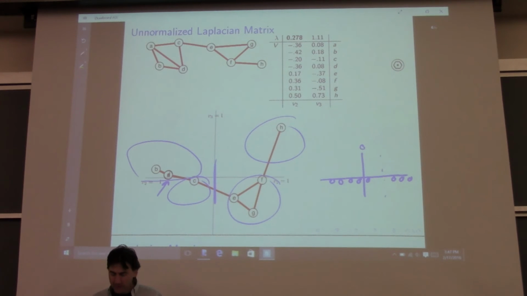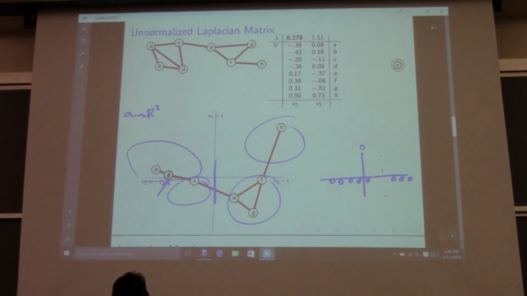So a better way of doing this might be to have the coordinate of A. I want to do an embedding of A into R2. A better way may be V2 of A times 1 over lambda 2 as the x coordinate, and V3 of A times 1 over lambda 3 as the y coordinate.